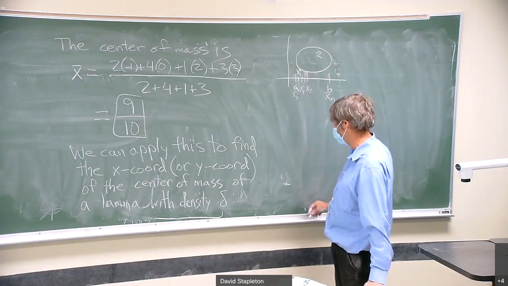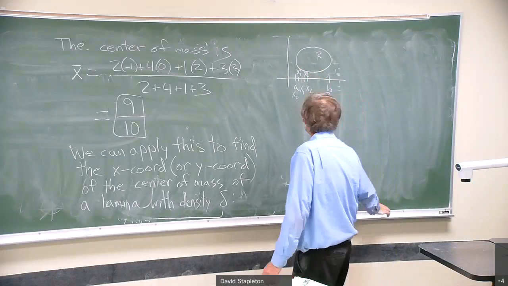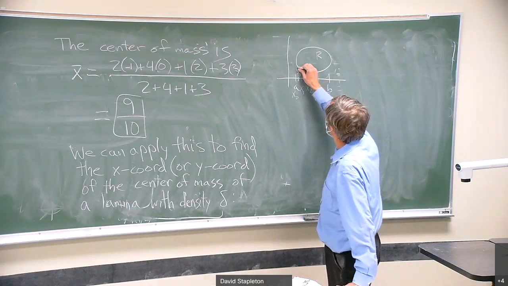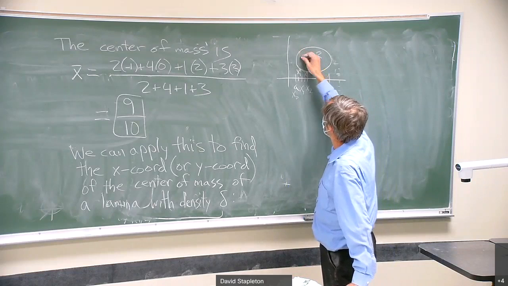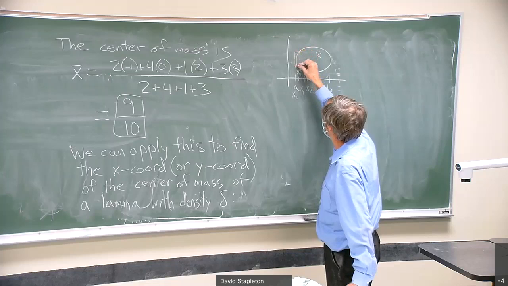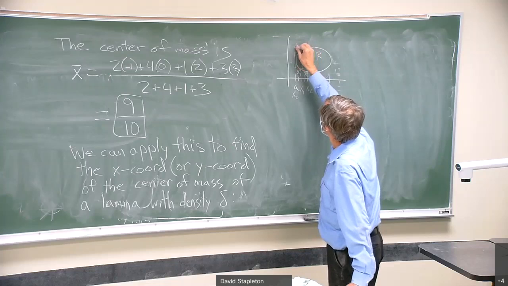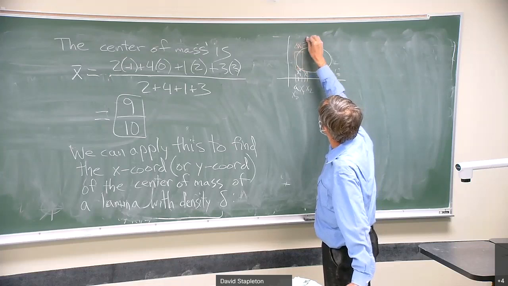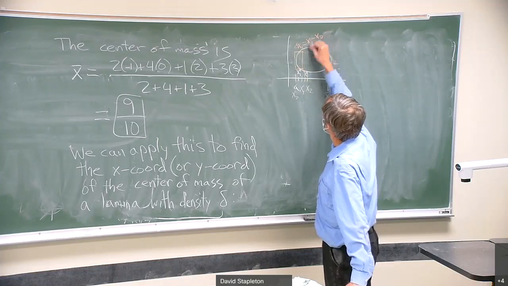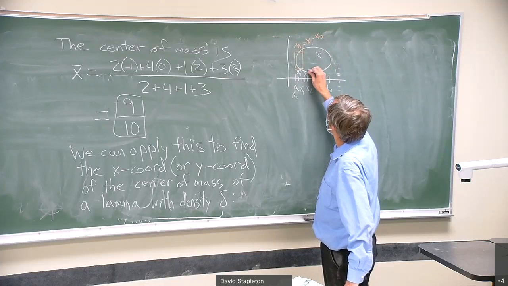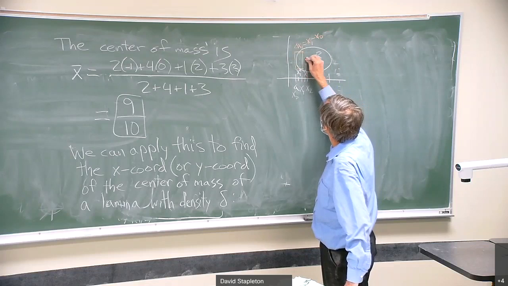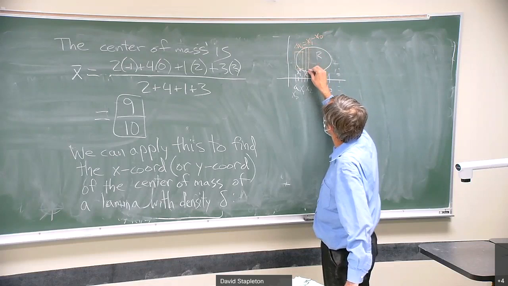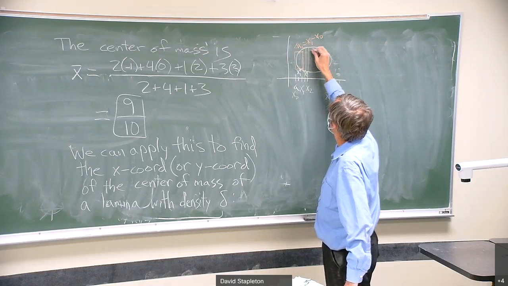At each star point, we then make a rectangle that goes from the bottom curve of the region to the top curve, makes it that tall, and we make a rectangle of this width of the interval, which is delta x1, right? It's x1 minus x0. And then we do another one here at x2 star. We go from the bottom to the top, make another rectangle that high, and so on.